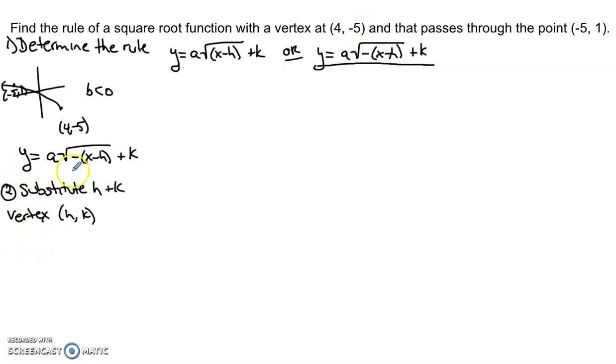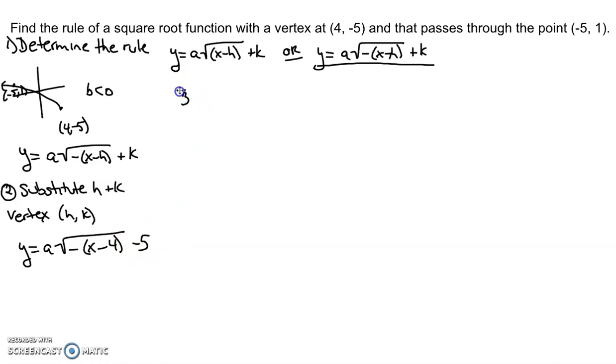If we take this function and substitute in h and k, what we'll get is y equals a times the square root of negative x minus h, which is 4, plus k. K is -5, so it's plus a -5, and we can just write that as minus 5.